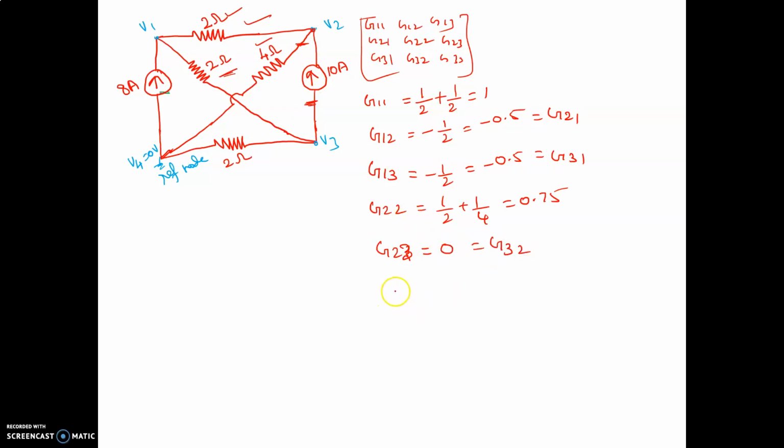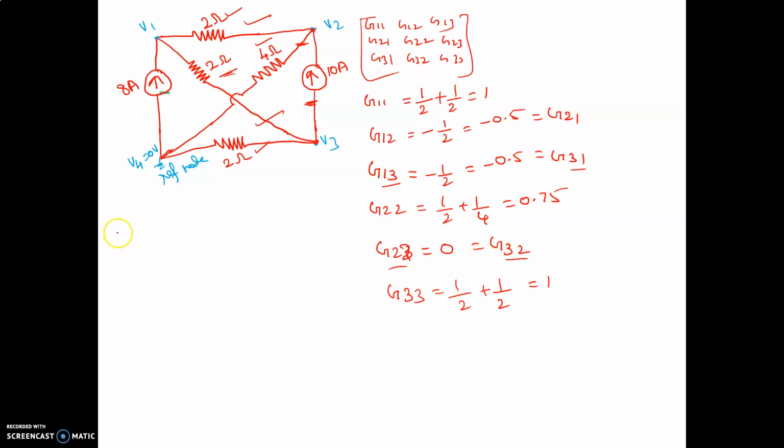Next G33. G33 is the reciprocal of the resistances connected to node 3, this 2 ohm resistor and this 2 ohm resistor, which is 1 by 2 plus 1 by 2, equal to 1. G13 is equal to G31, G23 is equal to G32.